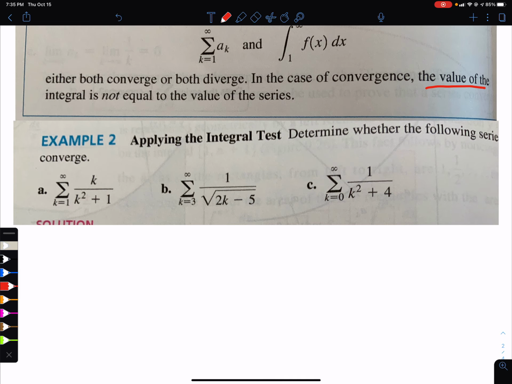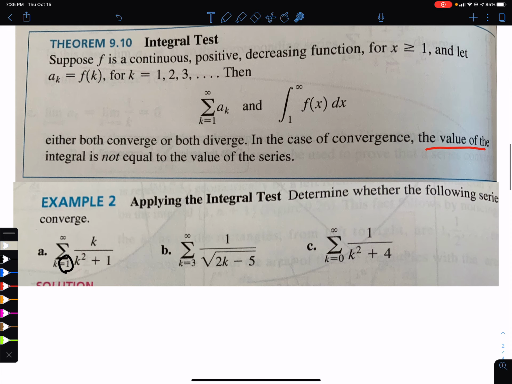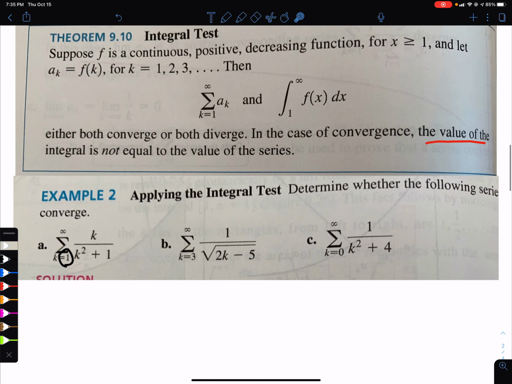So what you want to look at is example A. You will notice, since k starts at 1, that this will always be positive. Now, it's always decreasing because the bottom grows faster than the top. You could take the derivative and find the derivative is negative to prove to yourself that it's decreasing, but we're good with that.